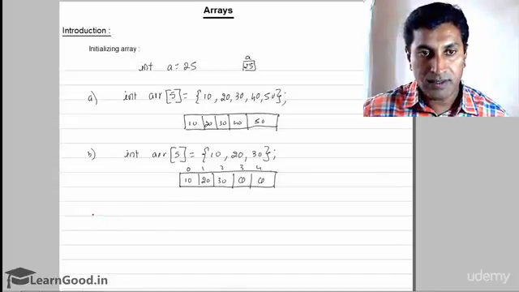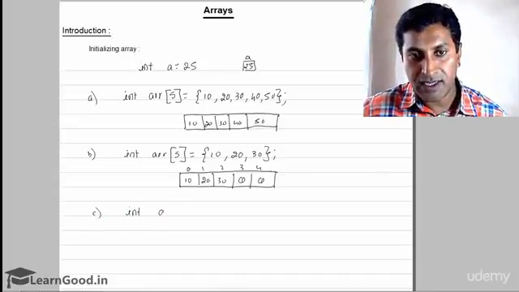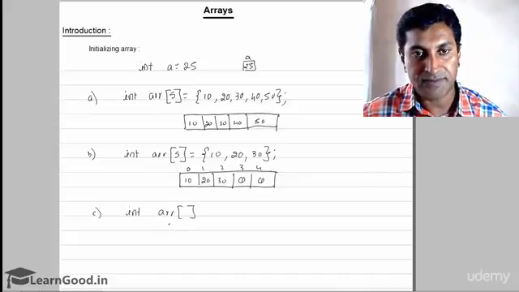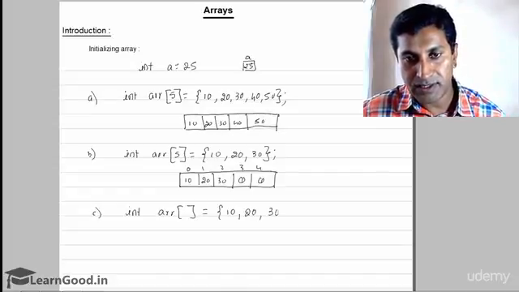Okay. The third way is that it is not necessary to specify the size here. In the first 2 cases, I specified the size as 5 elements, whereas here I will not specify it, but directly assign values. That is, I can give 10, 20, 30, and 40.